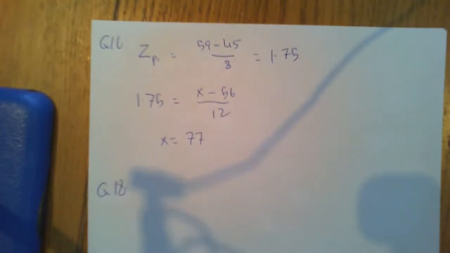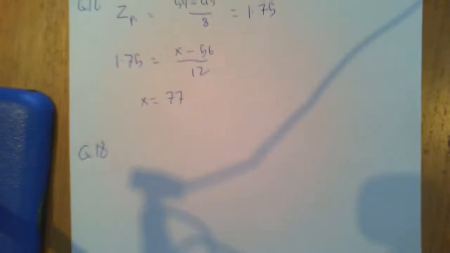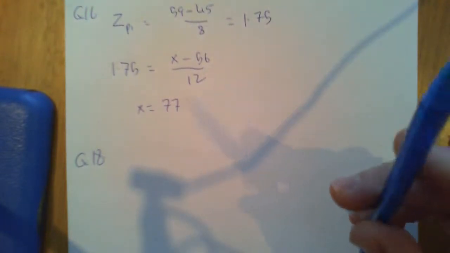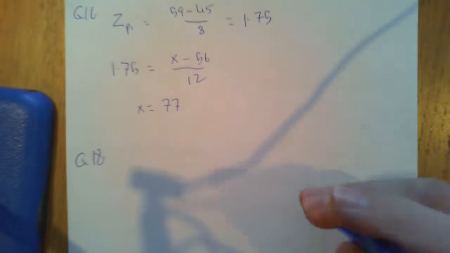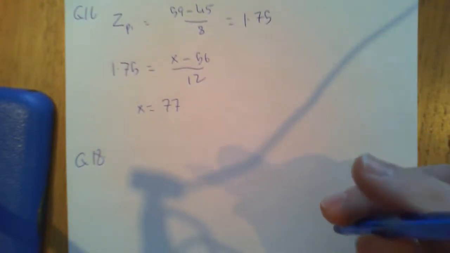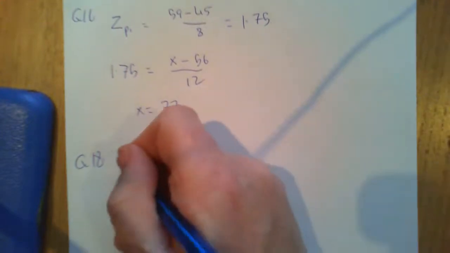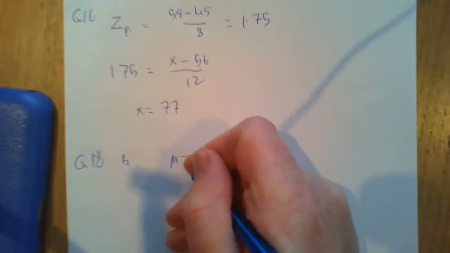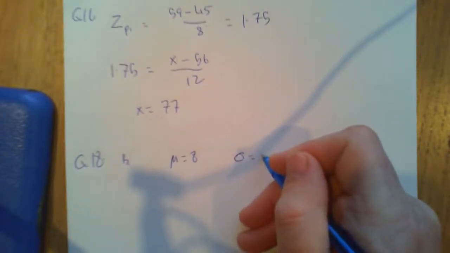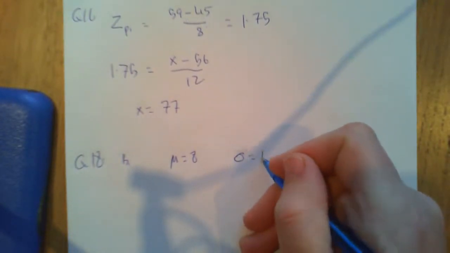Now, the last question, question 18. As part of her geography fieldwork, Alison is measuring and comparing the lengths of pebbles on 2 beaches. On the first beach, let's take beach 1, the mean is 8 and sigma is 1.4.